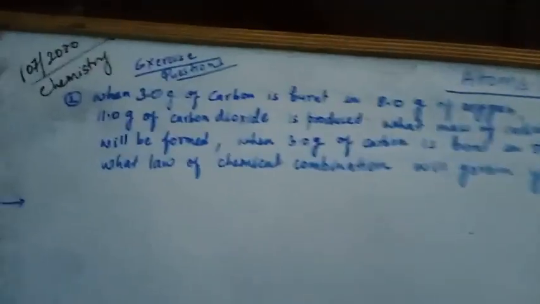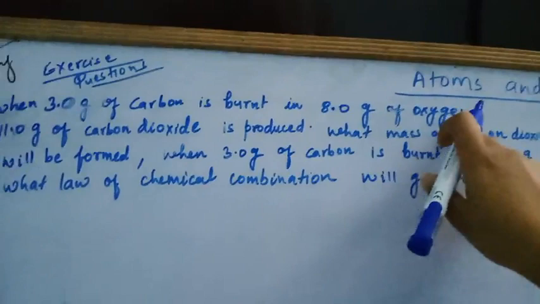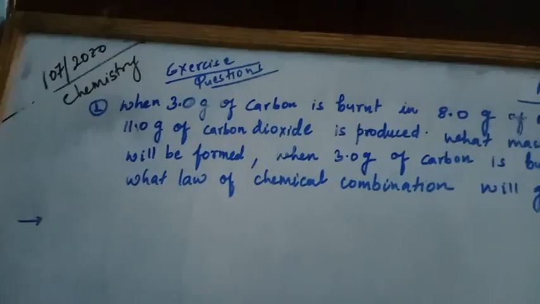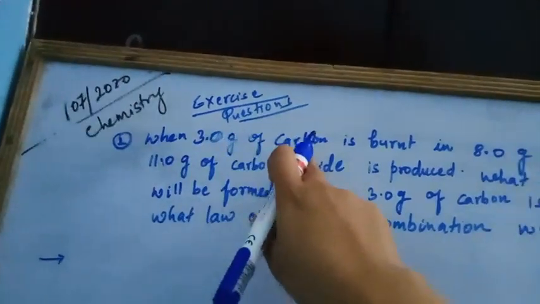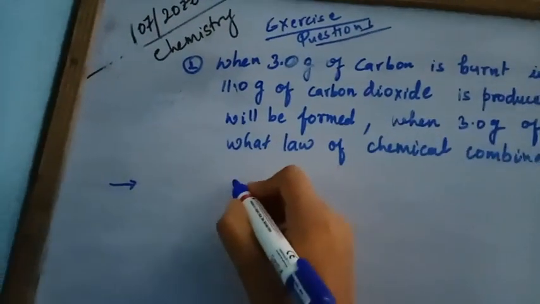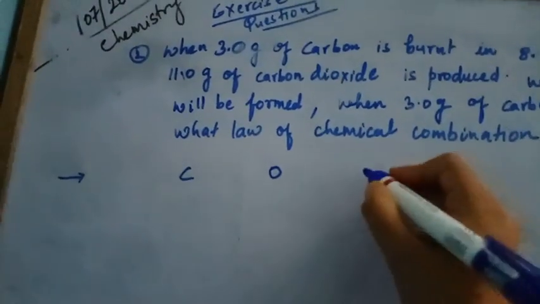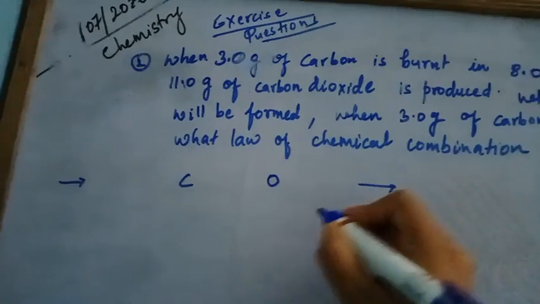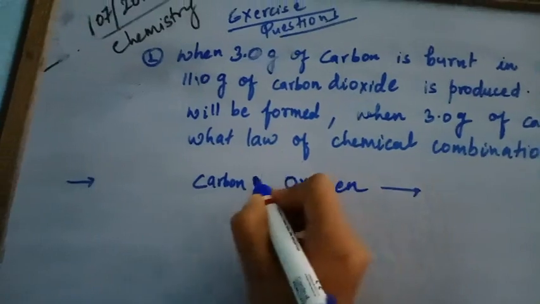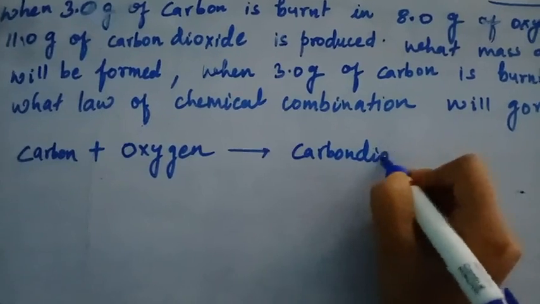Here we'll first see what is given. 3 gram of carbon is burnt with 8 gram of oxygen and 11 gram of carbon dioxide is produced. It means the two reacting elements are carbon and oxygen, and the compound formed is carbon dioxide. So we will write: carbon is reacting with oxygen and forming carbon dioxide.